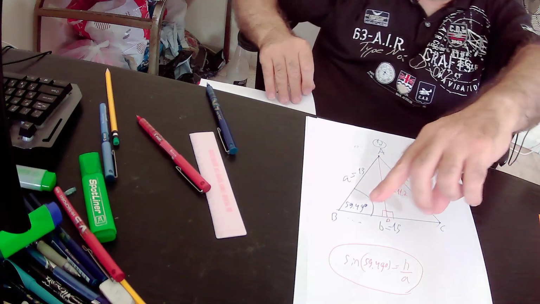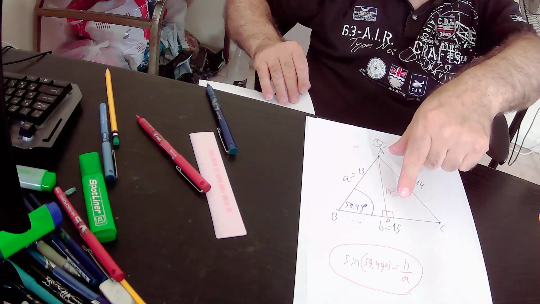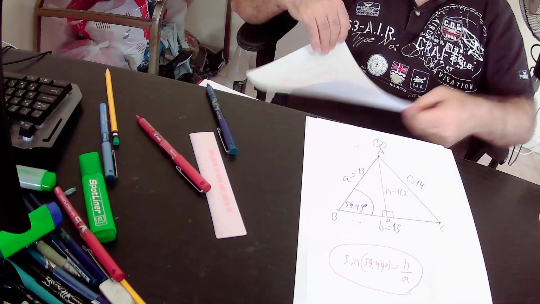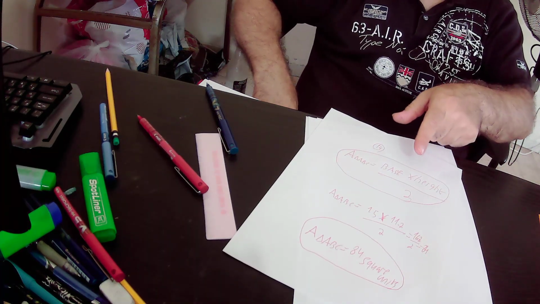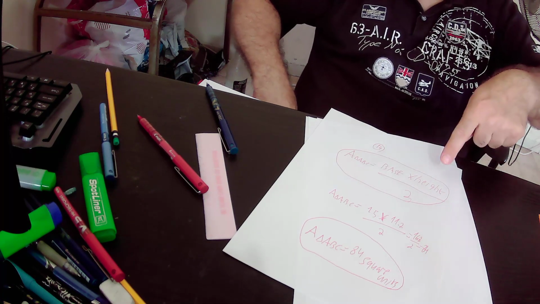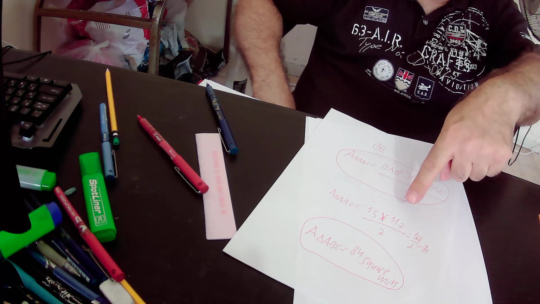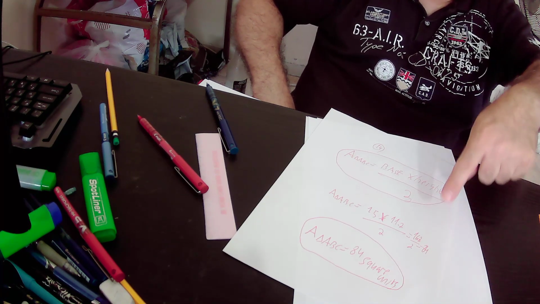The base of triangle ABC is B, that is 15 units, and the height is 11.2 units. So 15 times 11.2 over 2 is the area of triangle ABC.